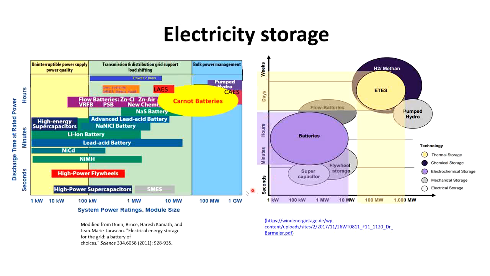So you can see that for the lowest power output and very short discharge times, suitable systems are flywheels or supercapacitors, eventually magnetoelectric storage systems.